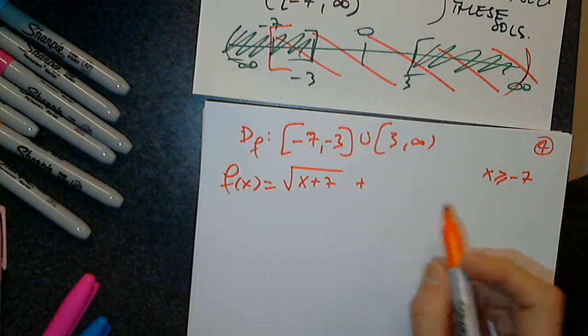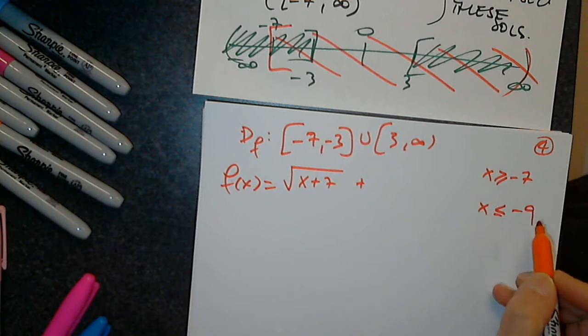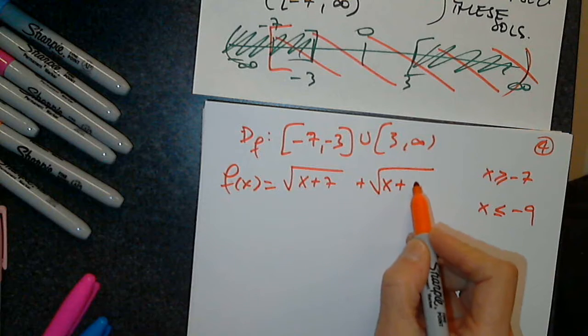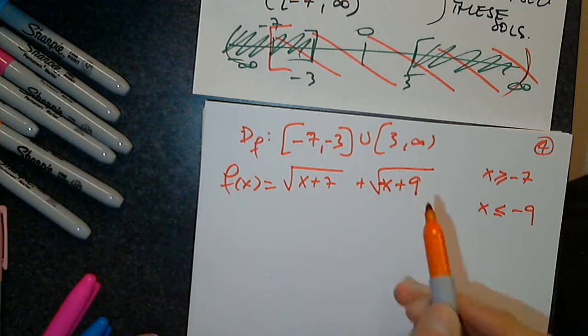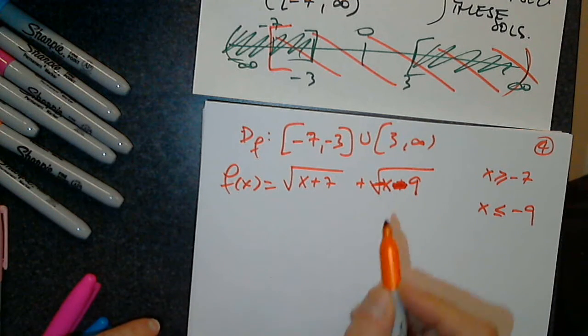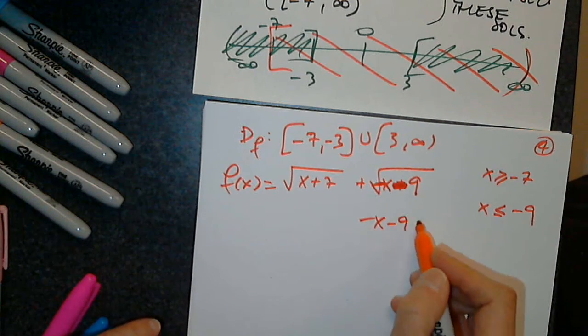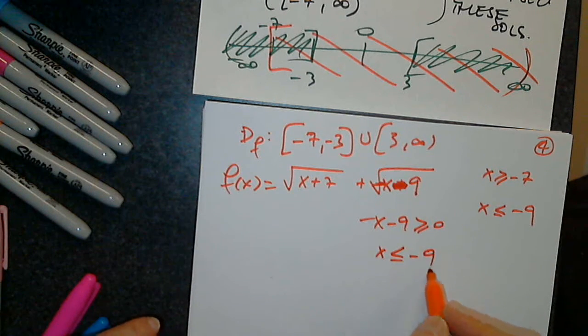So I'm going to put something here that has x less than or equal to -9. Negative here. And negative here. So see, this is x minus 9 negative, greater or equal to 0, will be x less than or equal to -9. This is a useless function.